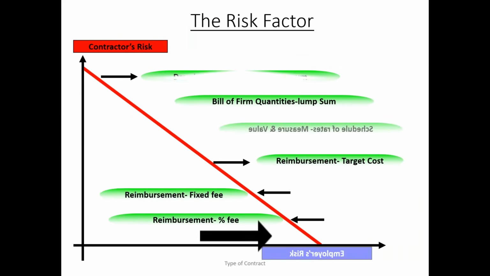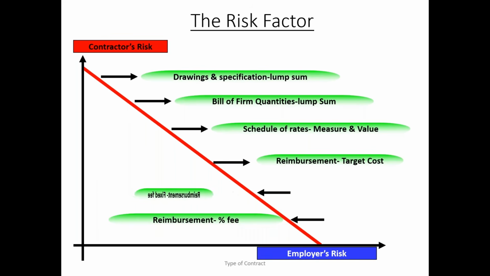So this is the overall summary. And if you look at the risk factor, where do we have the high risk to the client, in which type of contract? Cost plus, especially the percentage one.